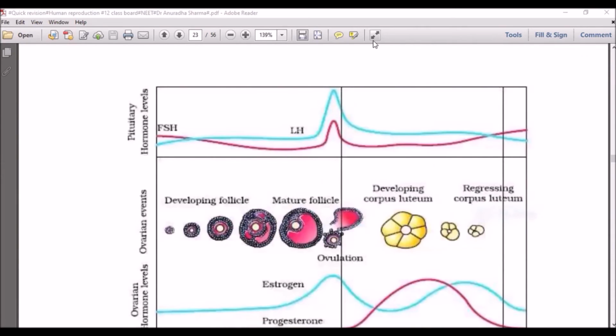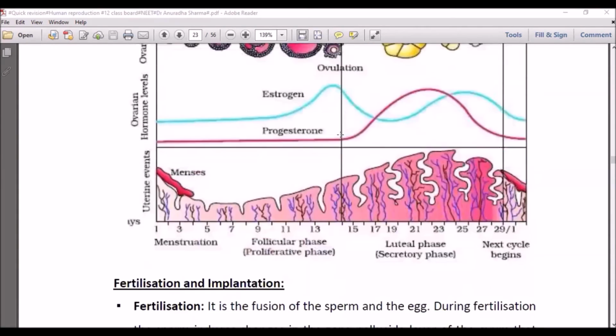This is the diagram showing the various phases. Now, this is the diagram of the menstrual cycle. The first phase is menstruation, which is from the 1st to 5th day. Second is the follicular or proliferative phase. Third is the luteal phase.